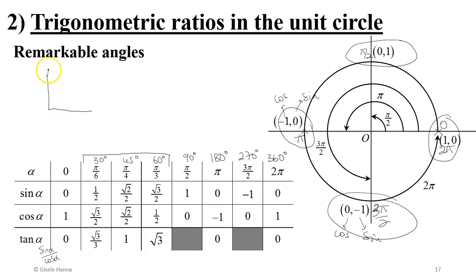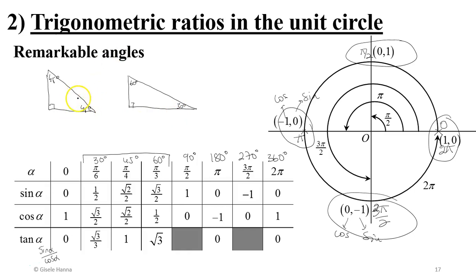A right isosceles triangle, because it has base angles of 45. And regarding pi over 6 and pi over 3, which are 30 and 60, over here I have 30 degrees and 60 degrees in a semi-equilateral triangle.